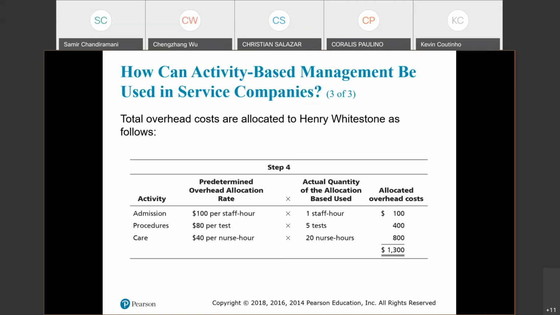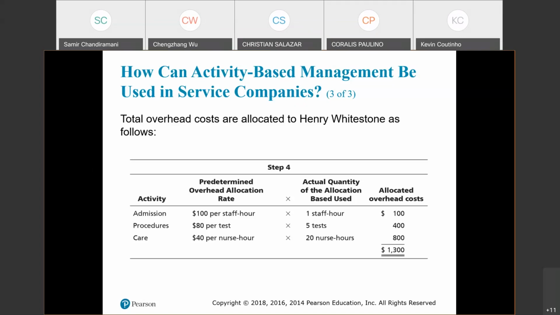So sum them up together, we can know the allocated overhead cost for this patient is $1,300. So at the end of the patient's stay, the hospital could have an accurate cost of provided health care to this patient.